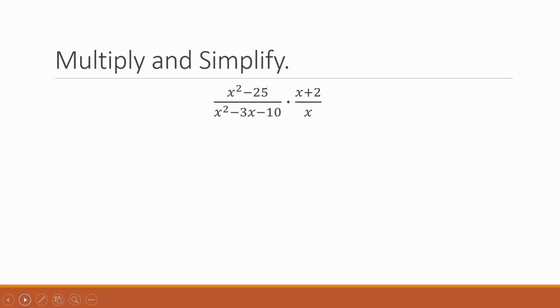Okay. On this problem, we have x squared minus 25 over x squared minus 3x minus 10 times x plus 2 over x. So again, same process. We want to completely factor each expression, write what we have all into one fraction, and then simplify. So x squared minus 25, the difference of two perfect squares, simplifies to be x plus 5 times x minus 5.